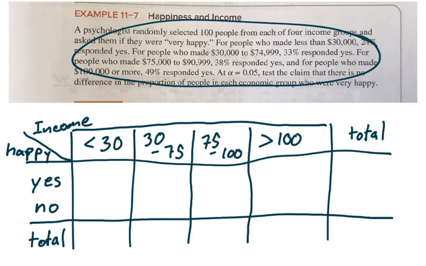So in each of these income categories, they asked a total of 100 people. I'll just go ahead and write in the totals there. There's 4 income categories, so the total across this row should be equal to 400.